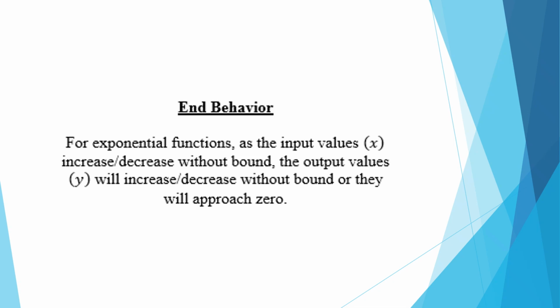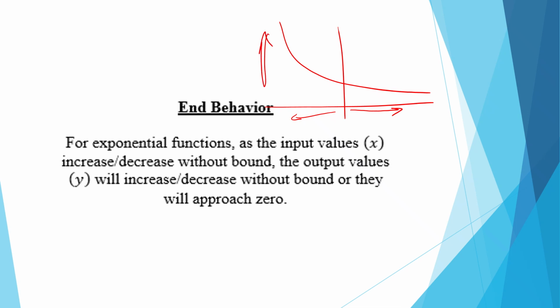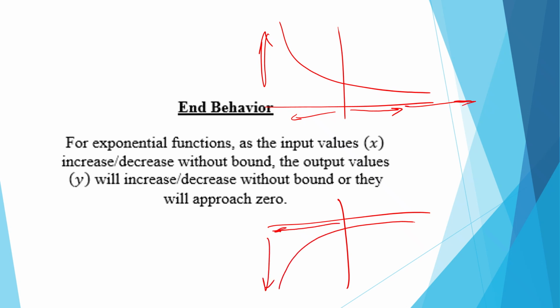And behavior. So as the input values either increase or decrease without bound, another way of saying that is for any exponential function, as you go to the left or the right forever, one of three things will happen. It's either going to increase forever, you could see it where it decreases forever, like this, or it's going to approach 0, right?